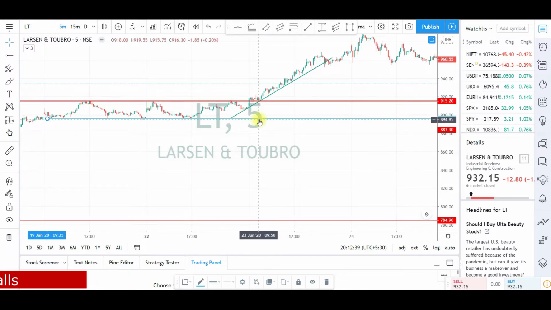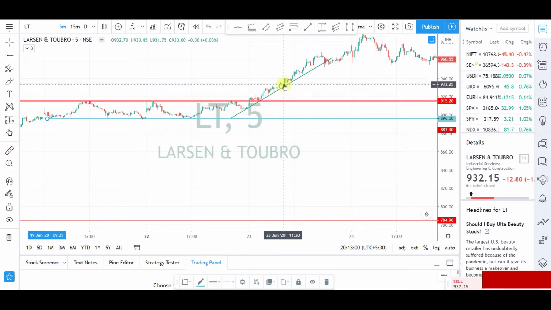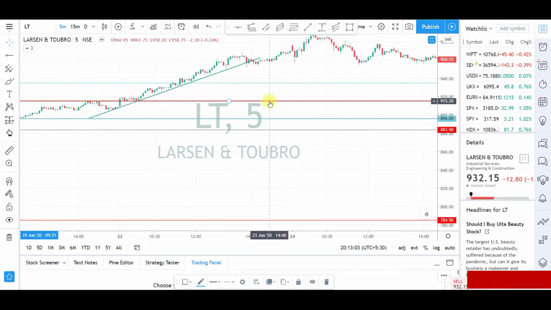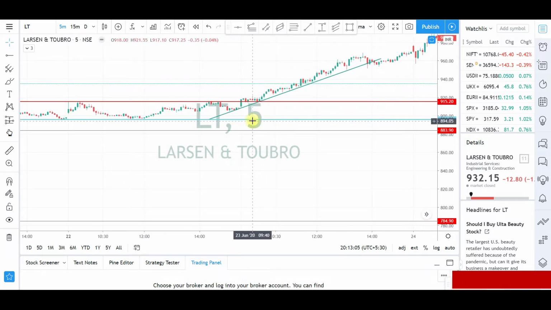I will accompany this with volume so that I know this breakout is clear. My stop loss would be either this, if I'm going for a swing trade kind of thing, or else I'll take the nearby area as my stop loss. I can even go with the tighter stop loss, but the chances of hitting it are much higher, because any drop which comes in here will take your stop loss and it will again start going up.